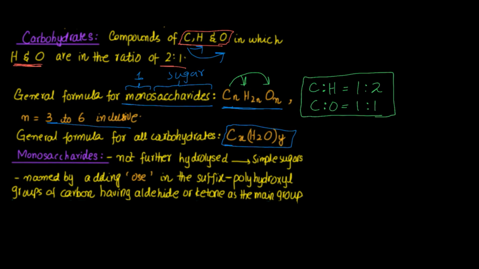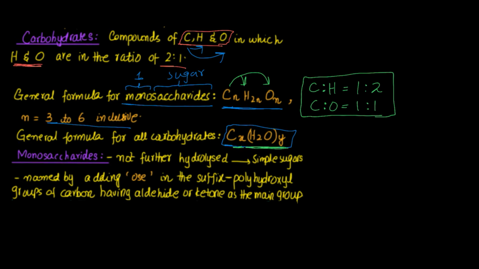As we see here, the general formula for any carbohydrate is this. Although we have a relationship of hydrogen with oxygen, that's the identifying factor of a carbohydrate, that is 2:1, we do not have any fixed relationship of carbon with hydrogen or oxygen.